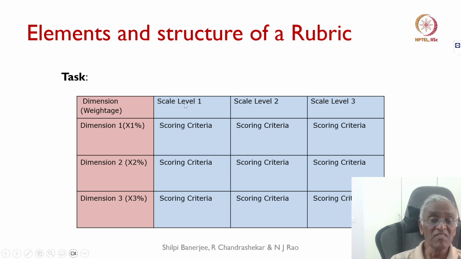Then you have scale levels, that means you have multiple scales, and you have scoring criteria. Let us look at each one of them separately. So there are 3 or 4 elements: dimension, weightage, scale levels, and scoring criteria. If you can do it electronically, then it becomes very easy. It is not taxing on the part of the instructor to keep writing down something or giving feedback to the students.